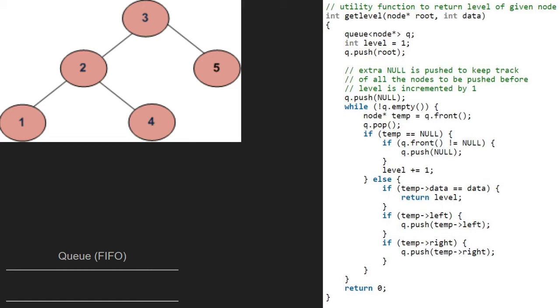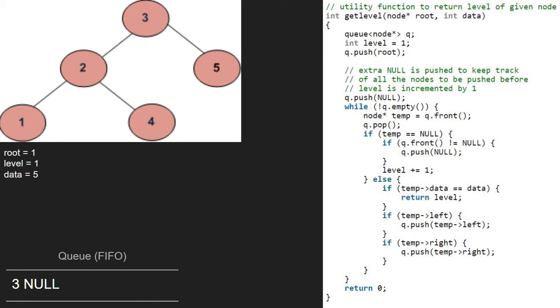And let us assume that we have to find the level of node 5. We push an extra null to the queue to track all nodes to be pushed before level is incremented by 1. In other words, a null will be inside the queue after every level.